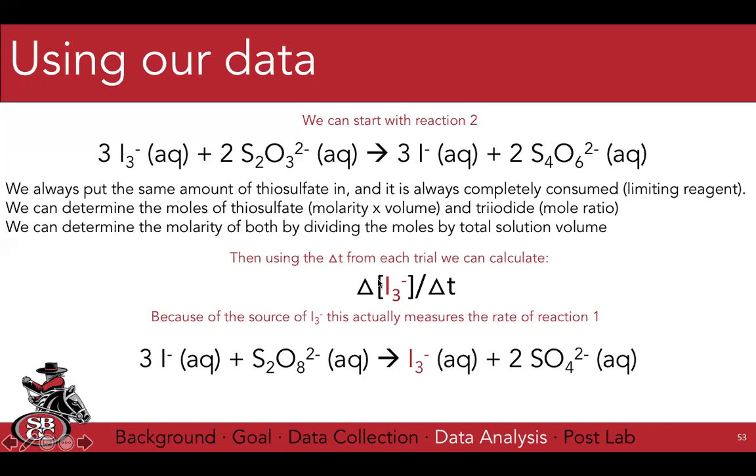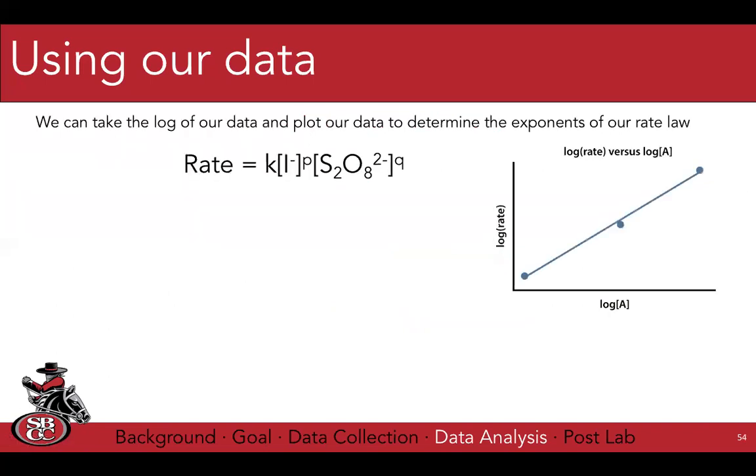So by measuring the change in the time that we reach our endpoint of triiodide from reaction 2, we're actually measuring the time it takes for the first reaction to produce triiodide, which is what we care about. And I do have the real data for those people that are working, and of course all your lab instructors have the actual data, but if I showed it to you, it would really knock the wind out of the sails of this experiment.